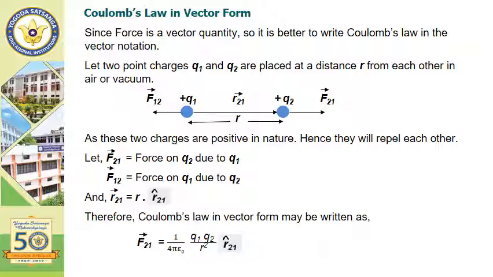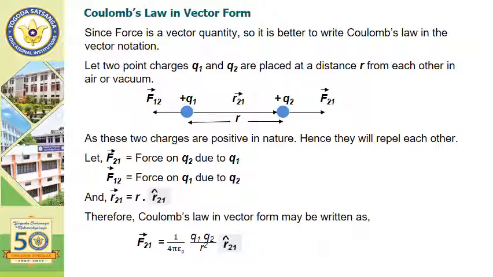Since we are going to derive the vector form, we will have to take the force as a vector quantity, which I have taken as F21, which is the force, or you can say repulsive force, acting on the charge plus Q2 due to charge plus Q1 in a direction.